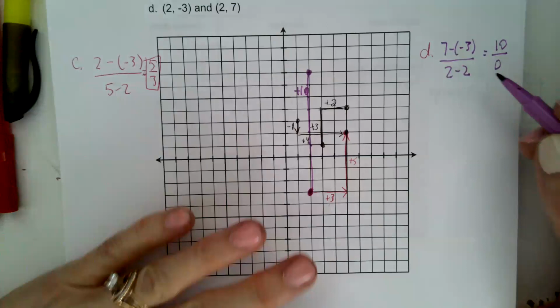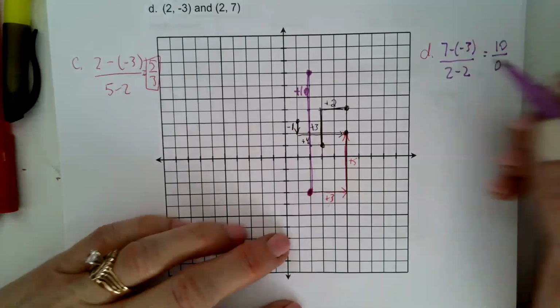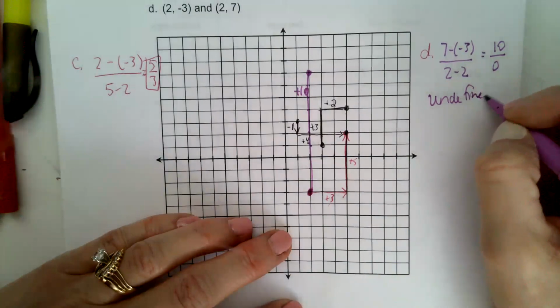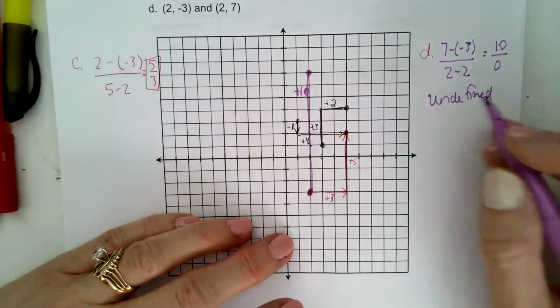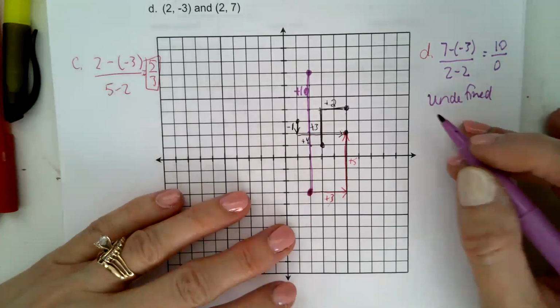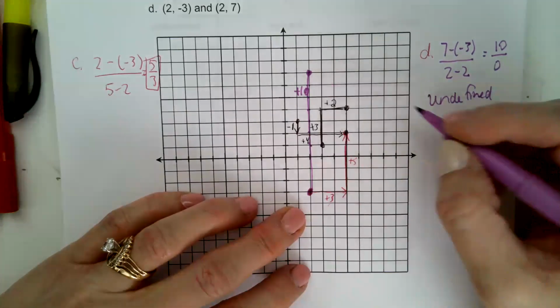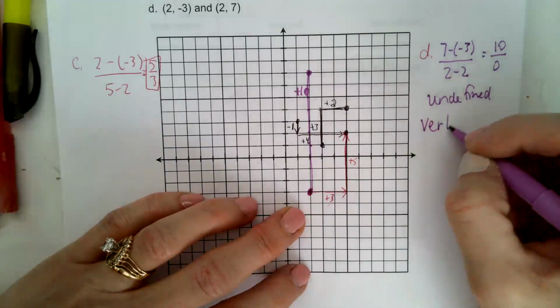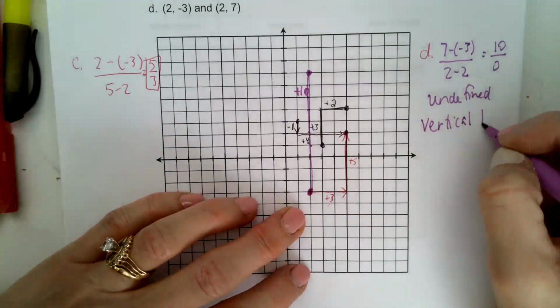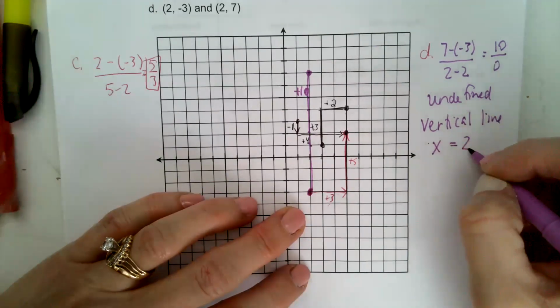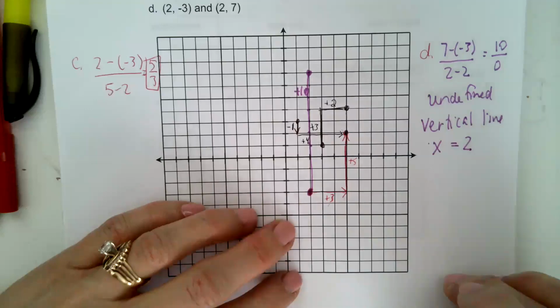Whenever you have a 0 in your denominator, it makes the fraction undefined. So this is unique because we can't actually write a value for our slope because the slope is undefined. And that tells us it's a completely vertical line. Vertical line at X equals 2. So there's no slope.